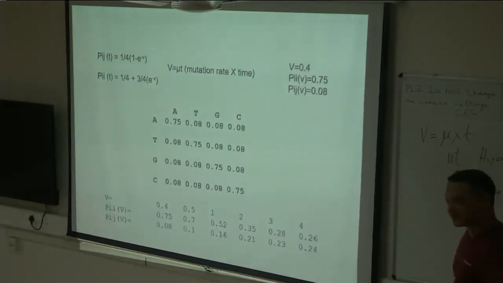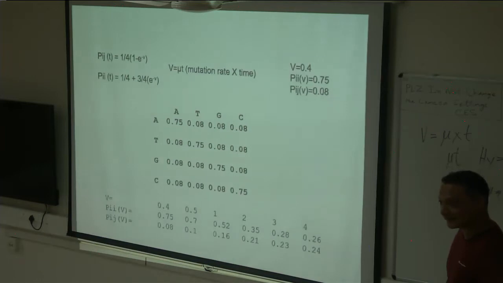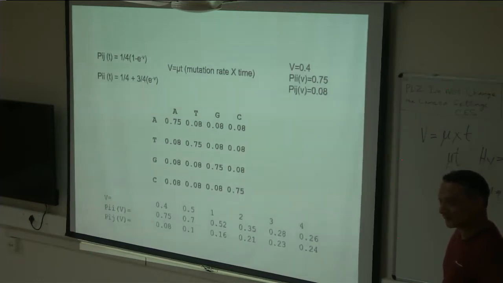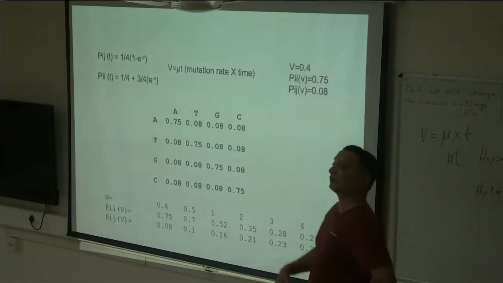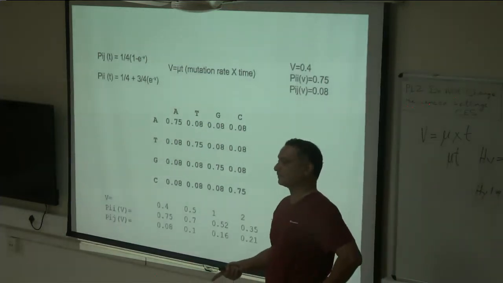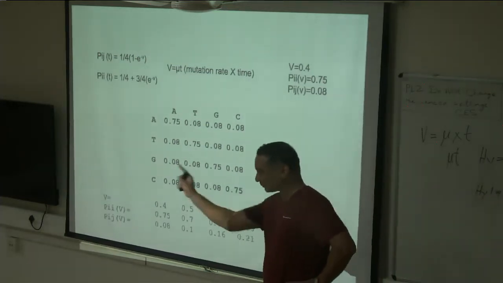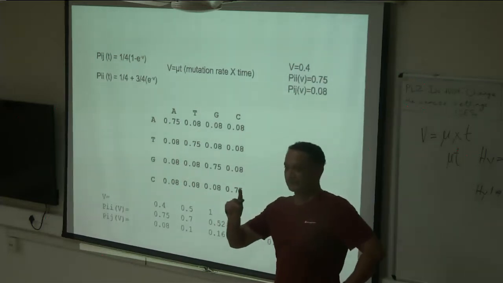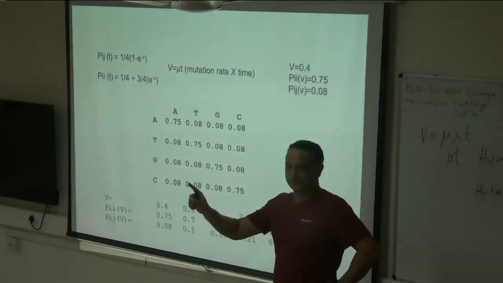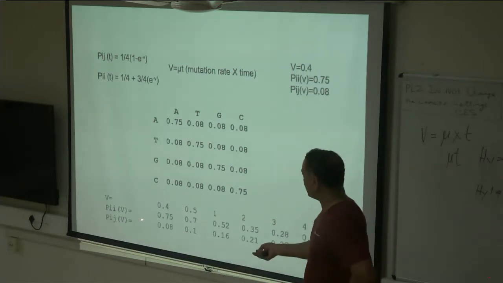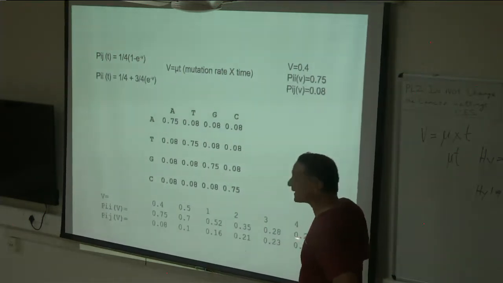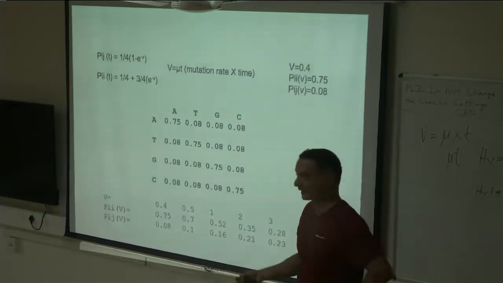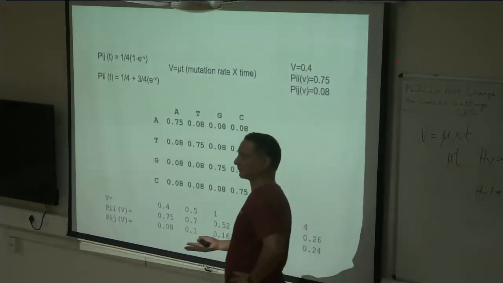Pij, which is probability of change, is increasing. That makes sense, right? The longer the branch, that means more changes. And probability of no change actually begins to decrease. And basically that's another way of saying probability of change is increasing.